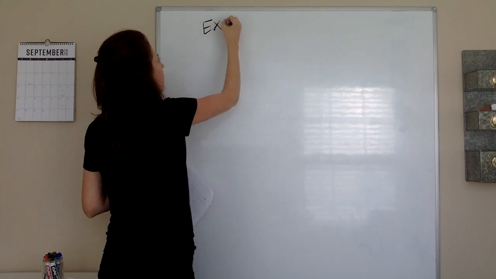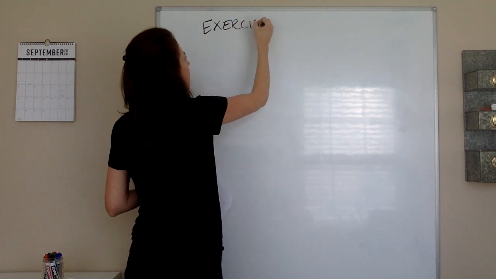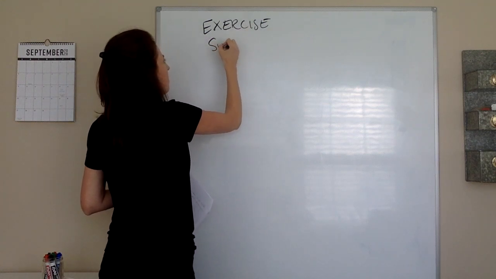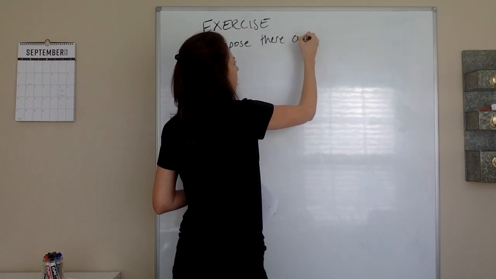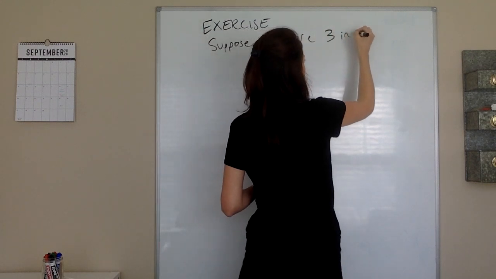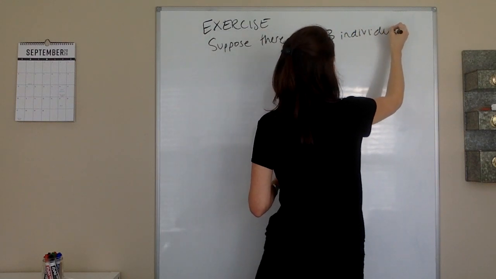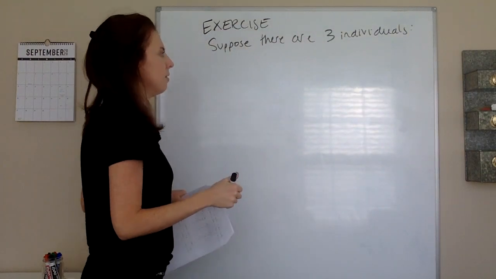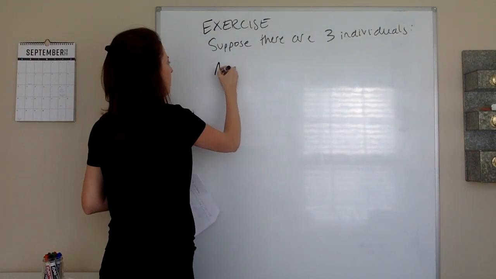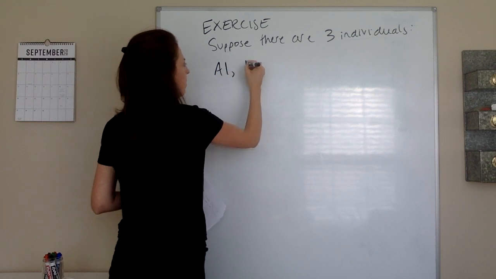So the exercise is, suppose there are 3 individuals, and we'll call them, again, Al, Bob, and then the third guy will be Charlie. So I have A, B, and C.